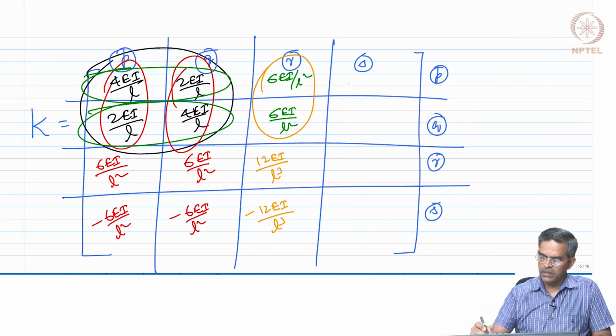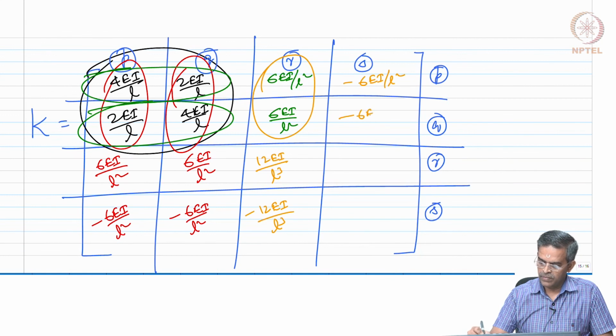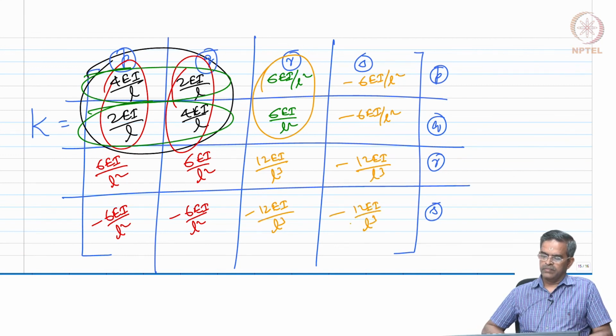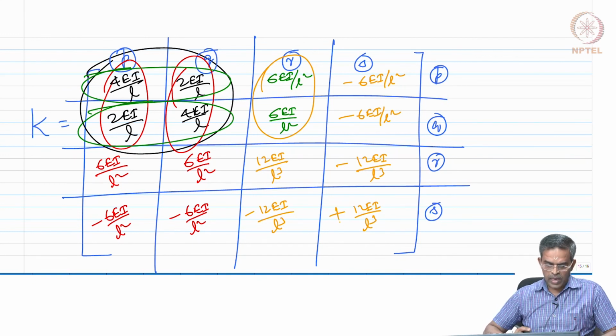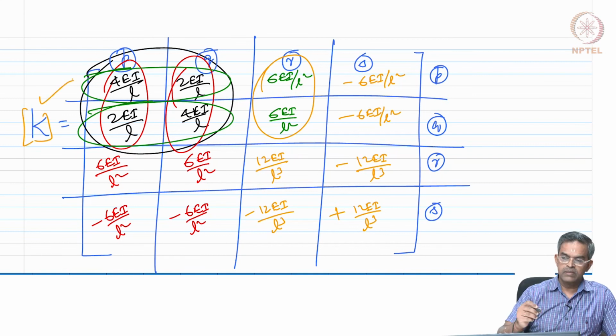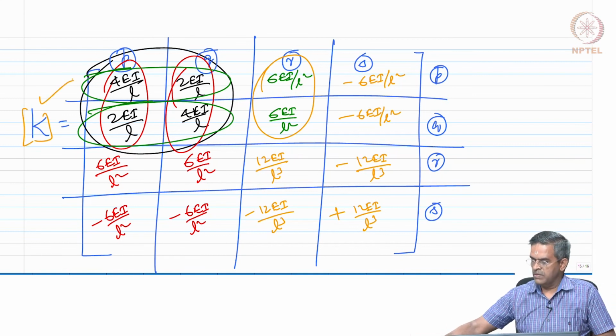The last column is negative of the third column. Okay, that is how we have the stiffness matrix of the beam element ready.